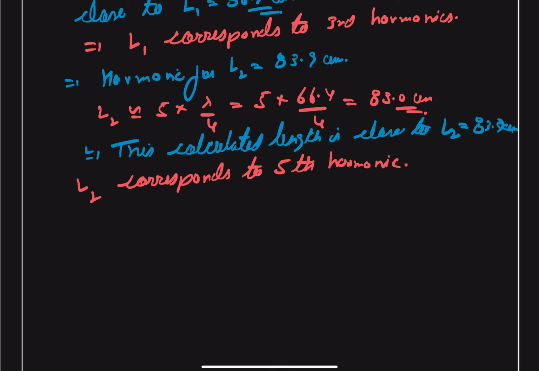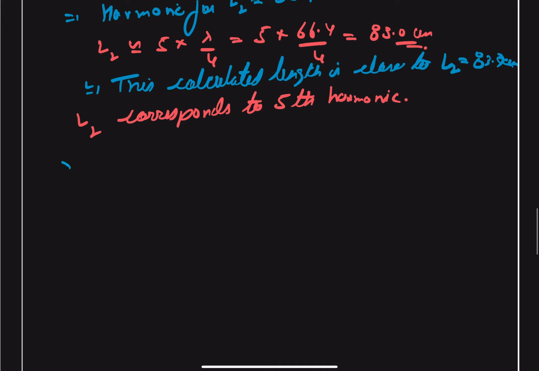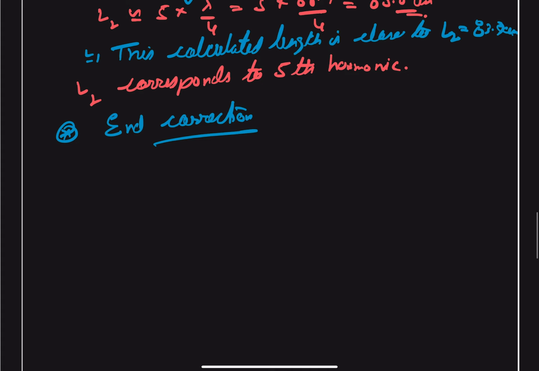Now we can calculate the end correction. We can calculate it using the third harmonic as well as the fifth harmonic, and the value will be the same for both. Let us try it for the third harmonic.